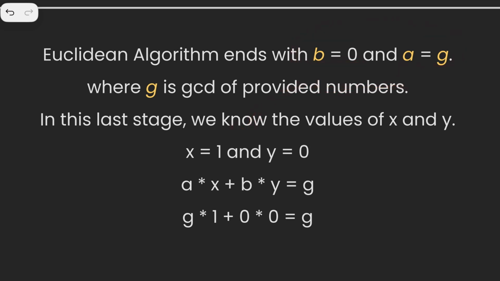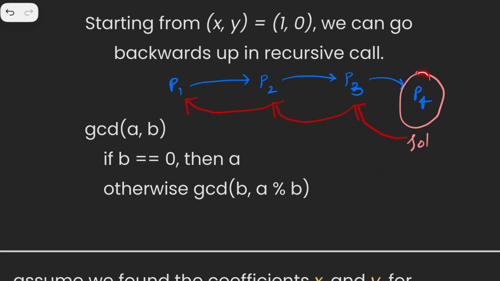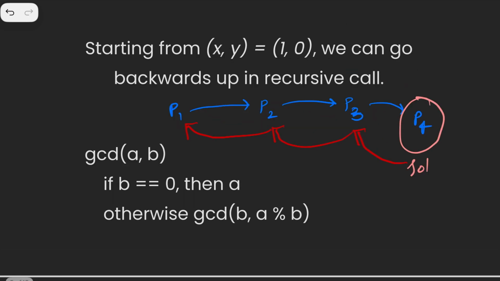That's why it was very important to discuss the solution for the last stage. Let's call it P4. Now we need to compute it back to P3, then back to P2, and then finally we will have the solution for P1. And that's what we are saying here. Starting from x comma y, which is going to be 1 comma 0, we are going backwards in a recursive call to compute the final answer.